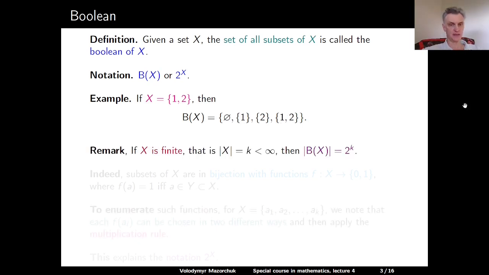If X is a finite set consisting of exactly k elements, then the cardinality of the Boolean of X is equal to 2 to the power k.